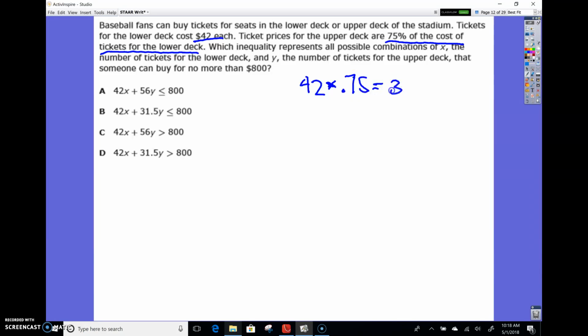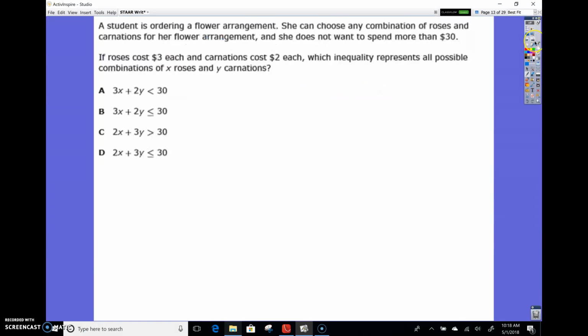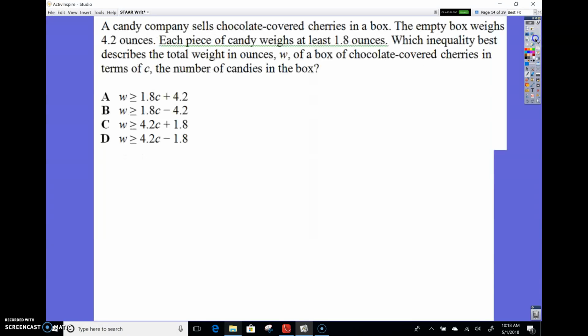You should get 31.50. That's going to help you figure out what the answer is. Try this one on your own. One more.